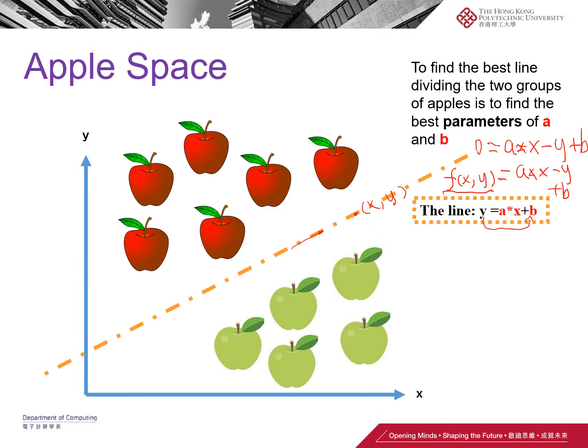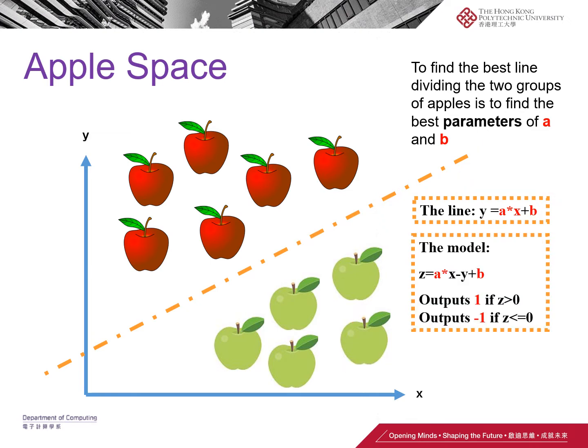When we are given x and y above that line, f(x, y) will be greater than 0. And if we are given x, y below the line, f(x, y) will be less than 0. So by checking whether f(x, y) is greater than 0, we know which part the point is located in, and we know whether it's the red apple area or the green apple area.